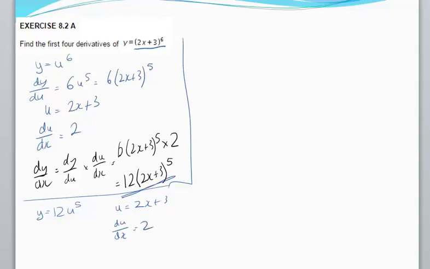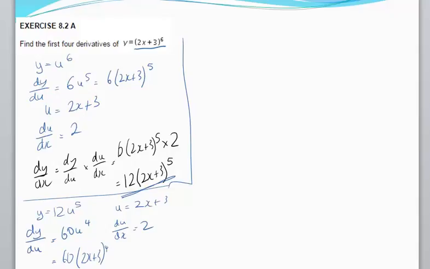We notice this hasn't actually changed, our u in the brackets is staying the same. dy on du, 5 times 12 is 60u to the power of 4, and we substitute back in, we have 60 times 2x plus 3 to the power of 4.